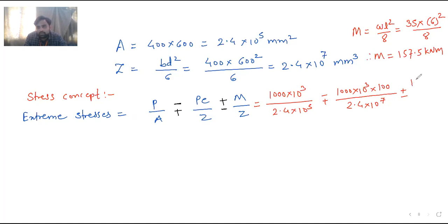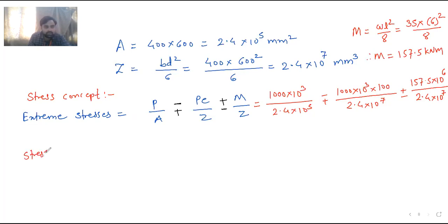So use that value over here, 157.5 into 10 raised to 6. This is the value of M, divided by Z, which is 2.4 into 10 raised to 7. Now solve this, so you will get the stress, stress at top and stress at bottom.